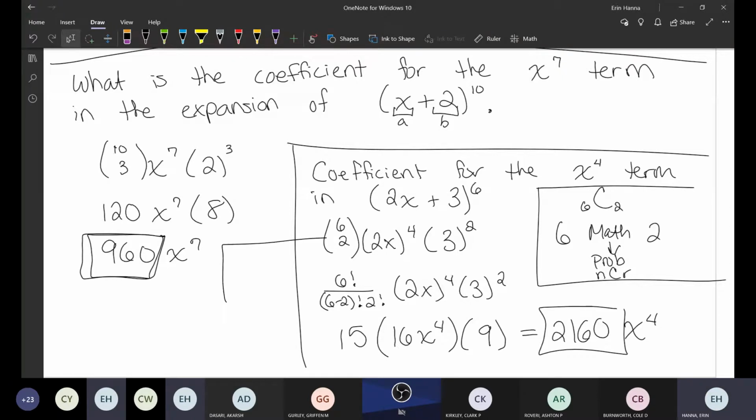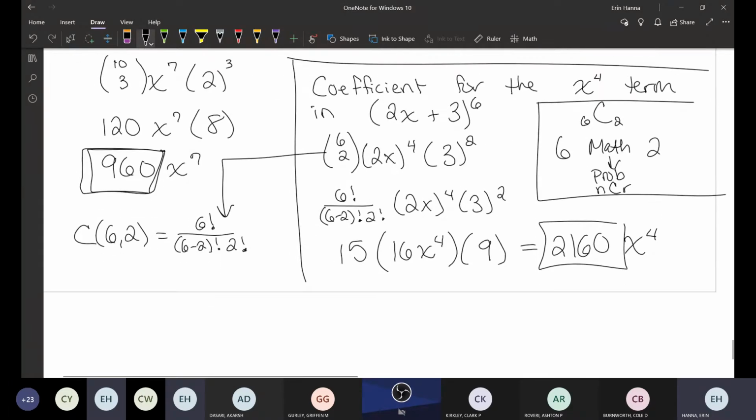There's a couple different ways you could do it. If you were doing it in your calculator, you could just punch it into your calculator. Or remember that when we're doing 6 choose 2, it's 6 factorial over 6 minus 2 factorial times 2 factorial. If you don't remember how to put it into your calculator using the choose button, you can remember the factorial way.